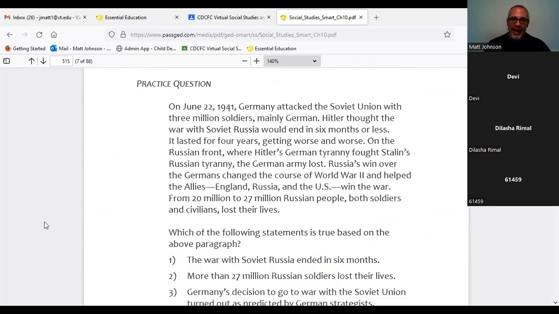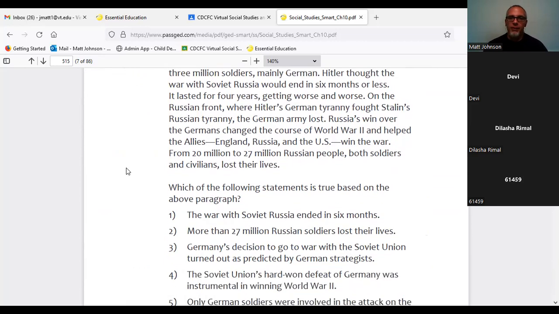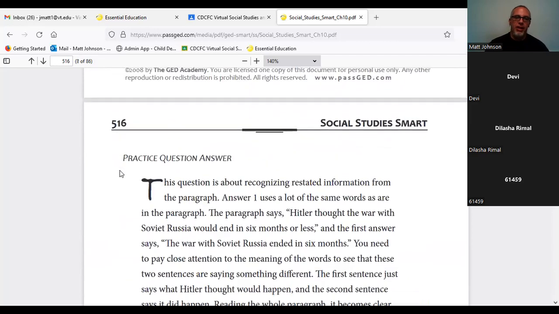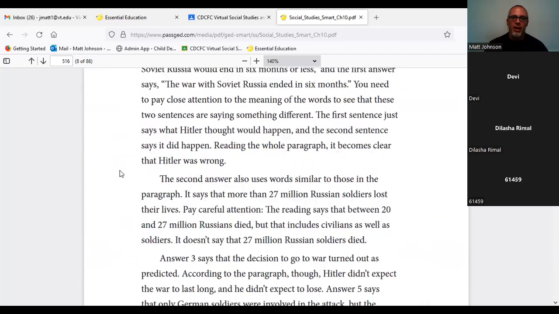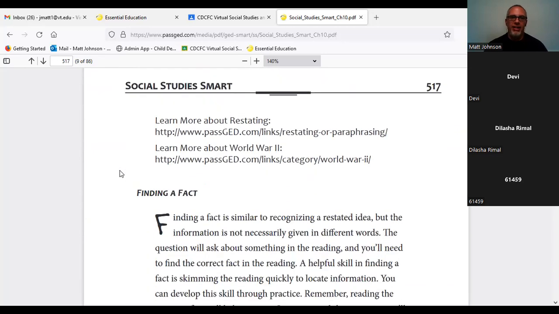What you tend to have are short passages like this, where they give you some historical information or information about the world or government, and then give you a brief question: which of the following statements is true based on the above paragraph. I'm going to put this up because it actually will give you an explanation. It gives you the answers somewhere below it, and it gives you a further explanation here.